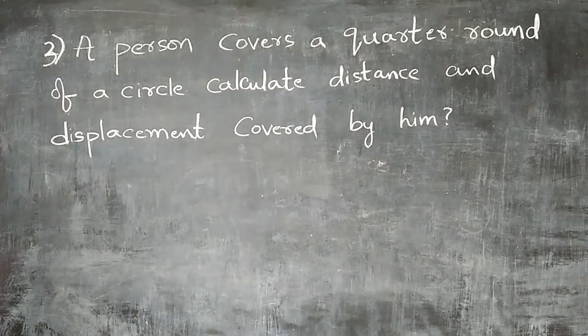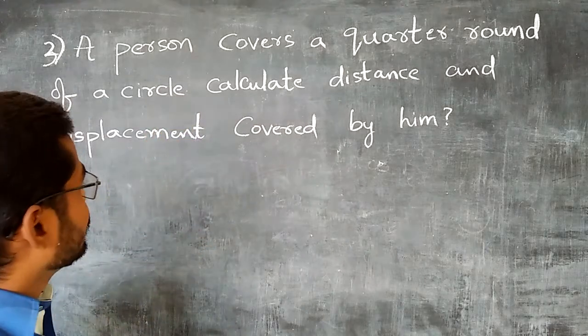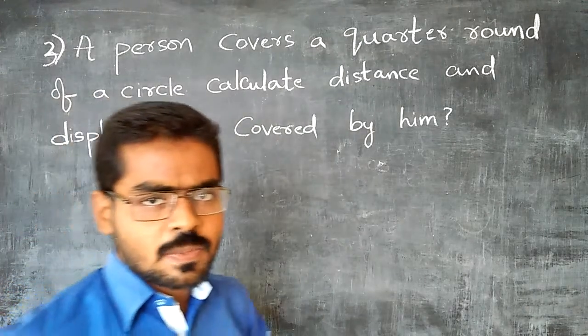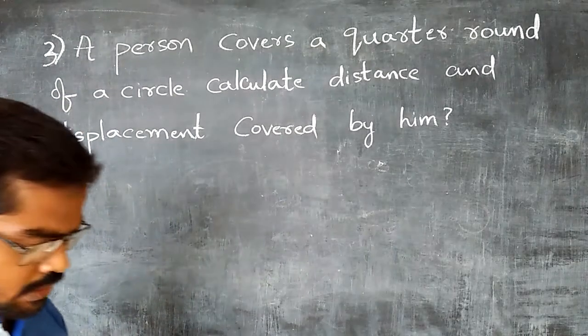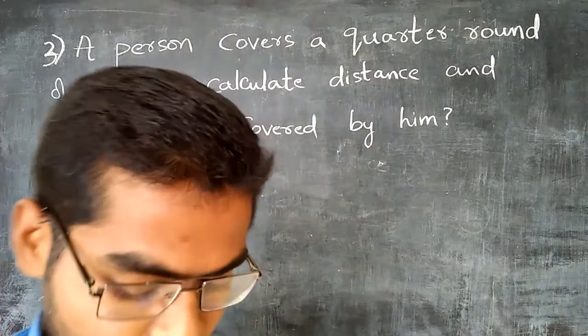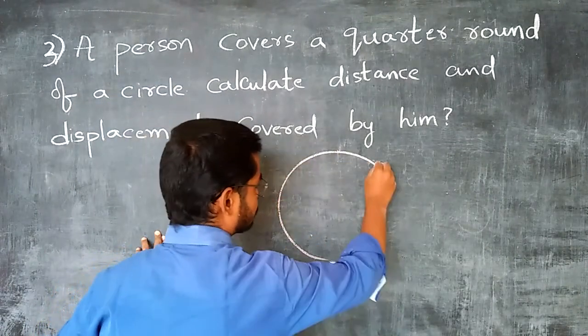Next question. A person covers a quarter round of a circle. Calculate the distance and displacement covered by that person. So quarter means 1/4. Take this as a full circle.